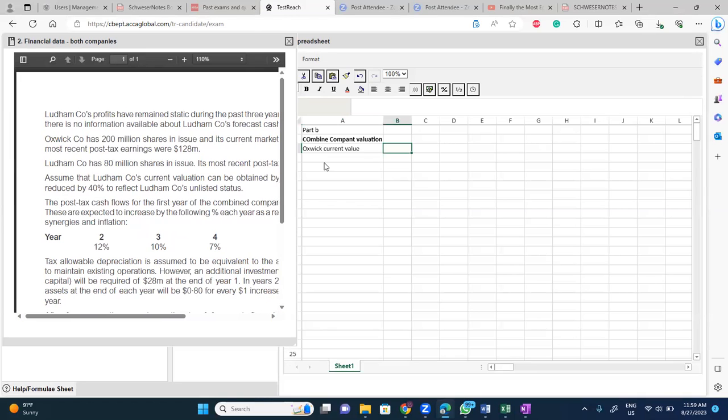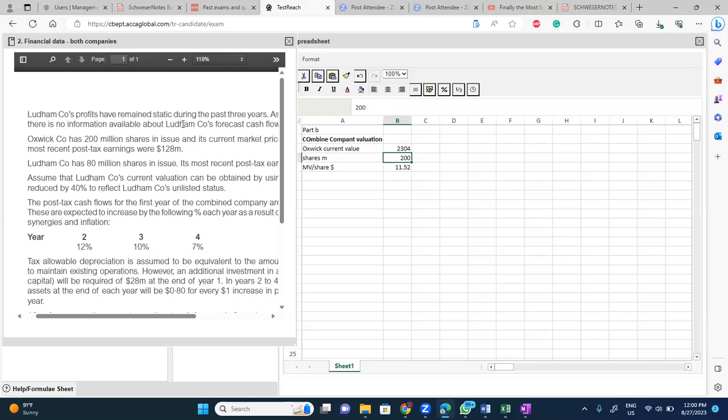Number of shares is 200 million. So the total value is 200 into 11.52.